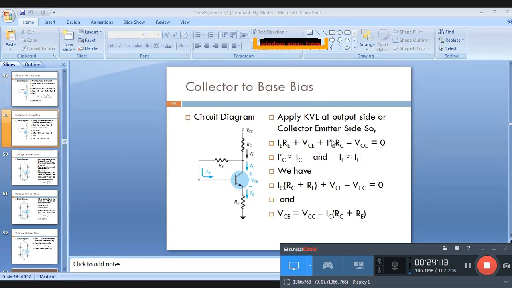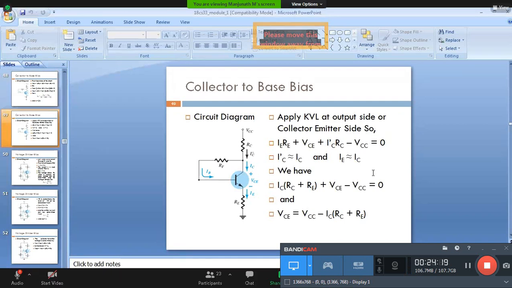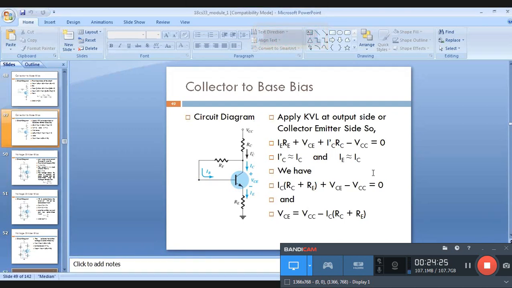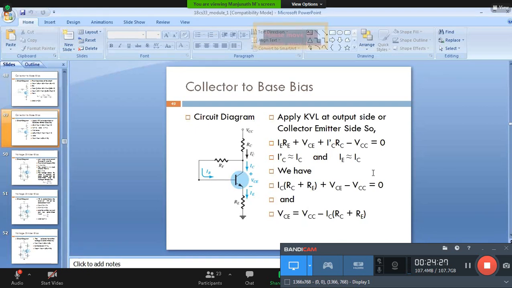Here we'll take down one example for the collector to base bias.